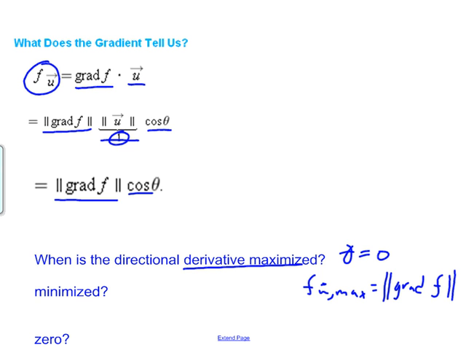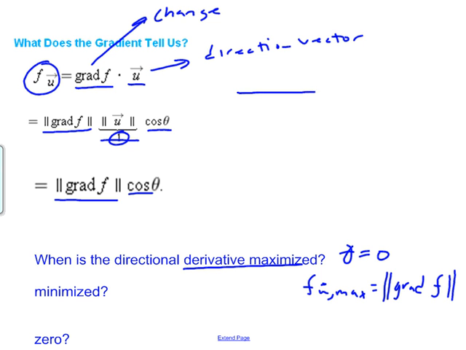Now that makes sense. We've got some vector grad f or del f, and some unit vector, which is the direction that we're talking about that change in. Provided that these are in the same direction, that the angle between them is 0, that's going to maximize the change.